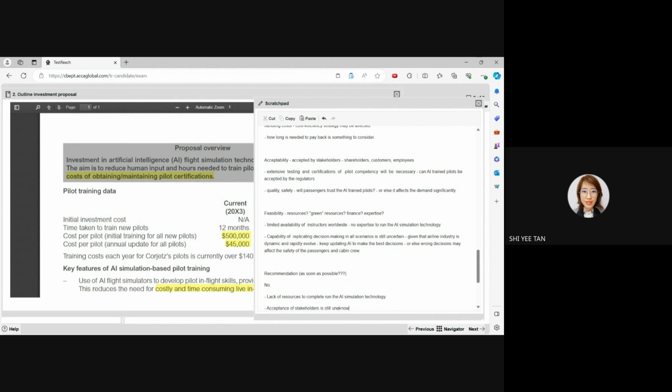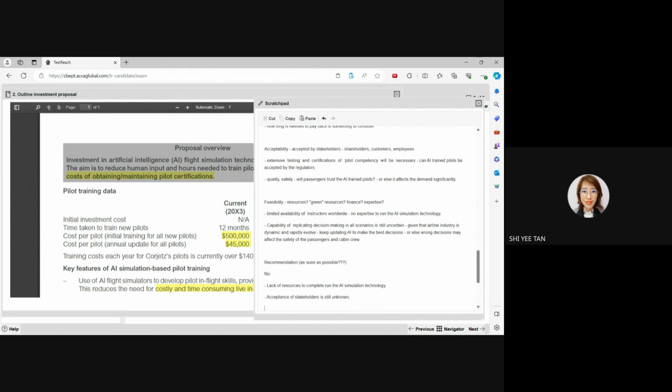Acceptance of stakeholders is still very much unknown, due to the nature of the airline, which very much emphasizes safety. Human training is still much needed and trusted.